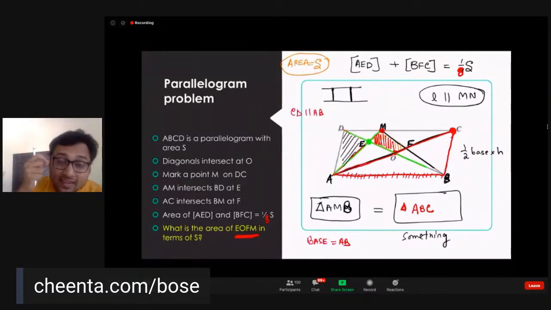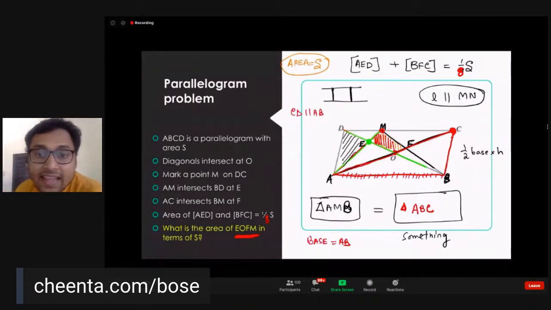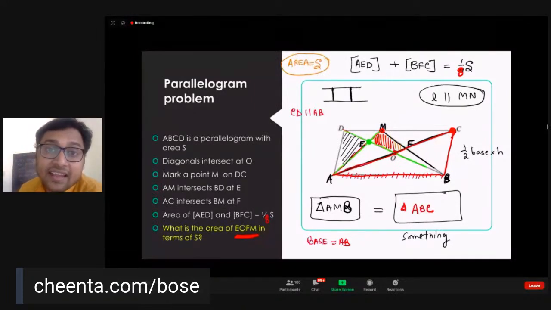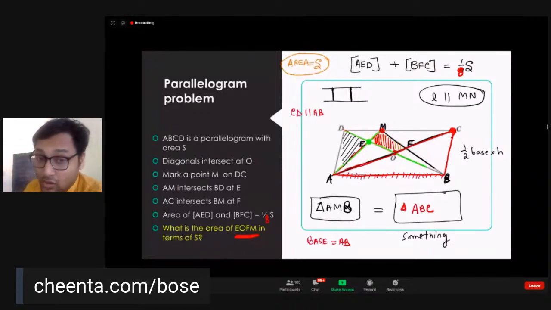And this brings us to a very simple conclusion. Can anyone tell me the area of triangle ABC compared to the area of the parallelogram?